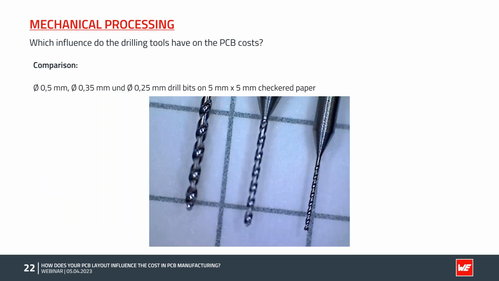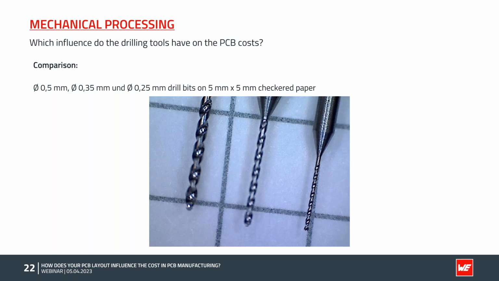To give you an imagination how thick these tools are or how they look, we use a checkered paper here. Just place it on a checkered paper and you see how thin actually 0.25 millimeter bits are. And the question for you is, do I really need to make them so small, or could I use wider, thicker drill bits?